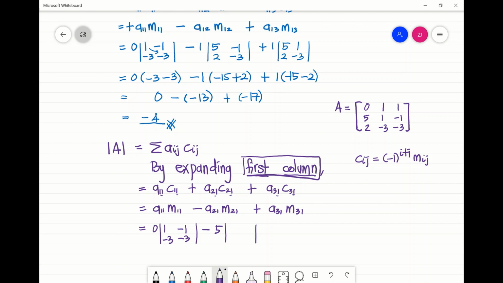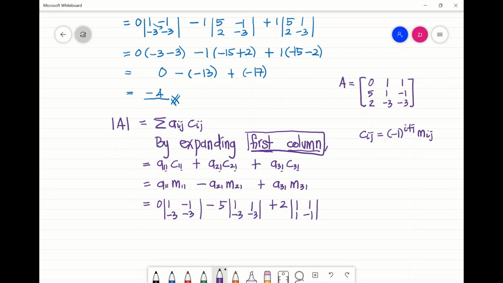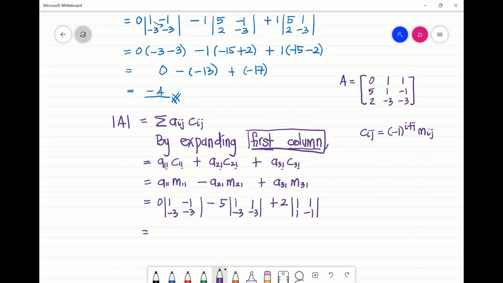If we close the second row and first column, the elements remaining are 1, 1, -3, -3. Then plus the element in the third row first column, which is 2, and if we close the respective row and column, we will get 1, 1, 1, -1. Then the rest is all about finding the values.